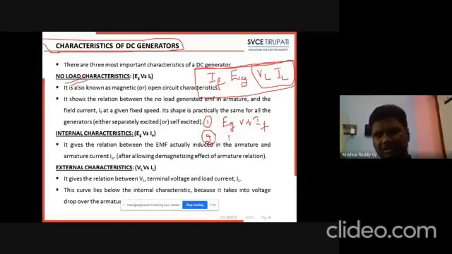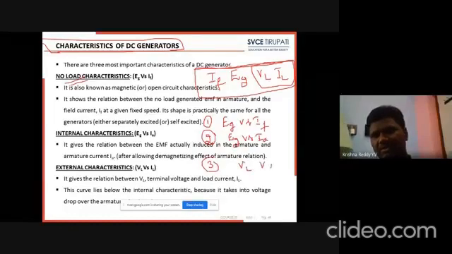Here internally we have the induced voltage and the current flowing through the armature winding, that is EG versus Ia. Next we have external characteristics, VL versus IL, because we are externally connecting the electrical load.